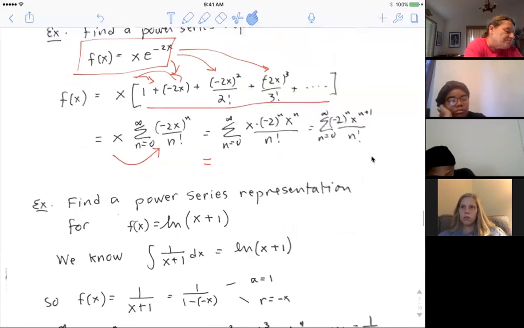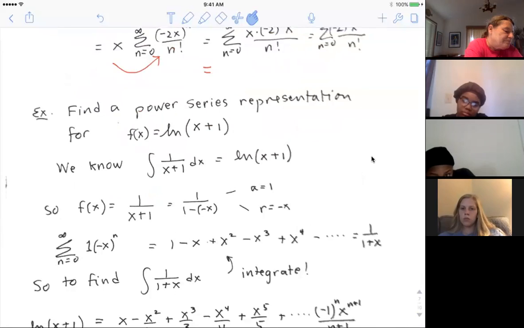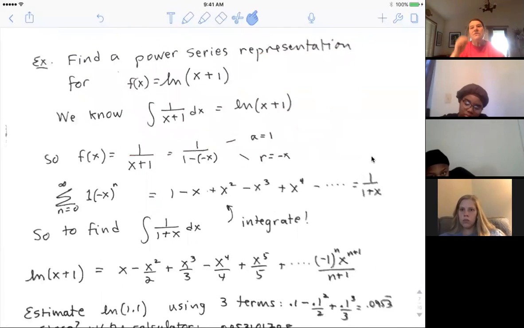All right, let's look at this one. Find a power series representation for f of x is the natural log of x plus 1. Now, in no way does that look like a geometric series. It's even stranger maybe than e to the x, okay?